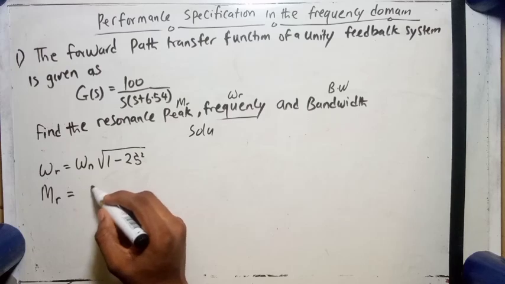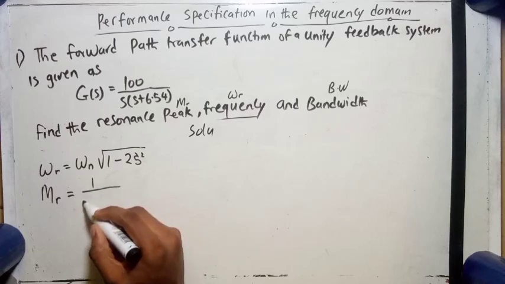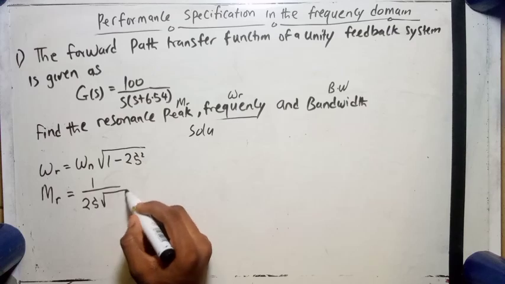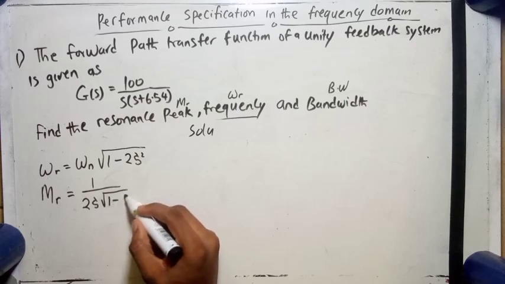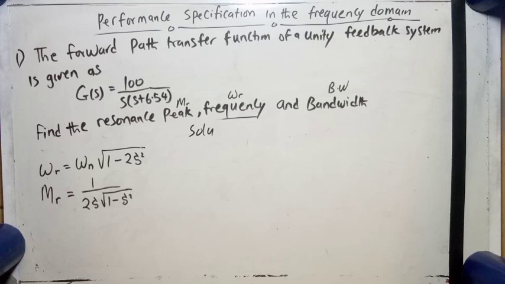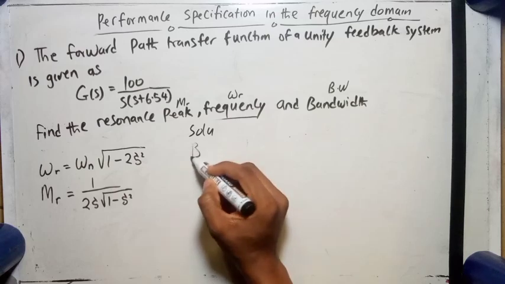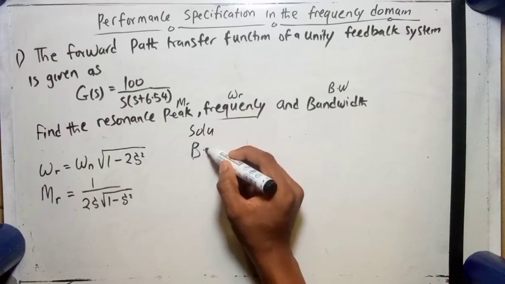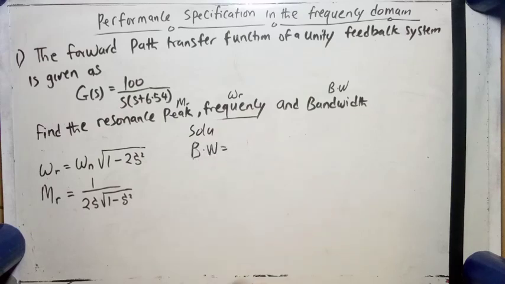Now our Mr is given to us as 1 over 2 zeta root 1 minus zeta square. Then finally, we have our bandwidth.